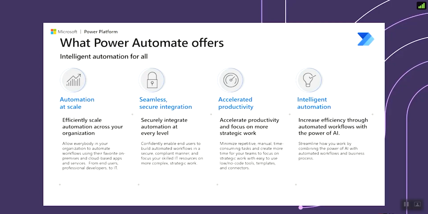You can accelerate productivity and focus on more strategic work by minimizing repetitive, manual, time-consuming tasks and create more time for your teams to focus on strategic work with easy-to-use, low-code tools, templates, and connectors. But the most important part in all of this is that you can increase efficiency through automated workflows with the power of artificial intelligence. Because you can streamline how you work by combining the power of AI with automated workflows and business processes.